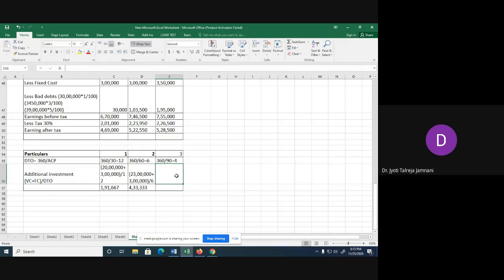And in the last case, 26 lakh is variable cost plus 3,50,000 is fixed cost divided by 4 times. 7,37,500.